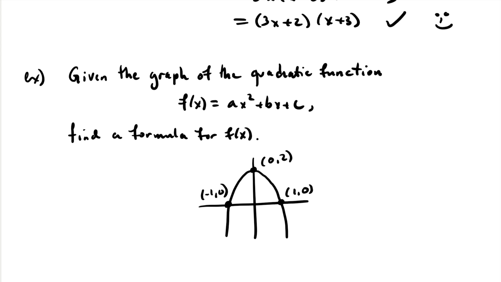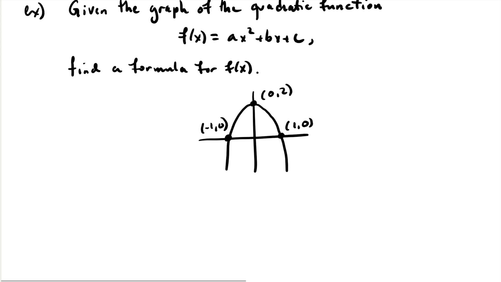Okay, looking at its graph, first of all, the important things to look at are the x-intercepts. The x-coordinates of those x-intercepts will give us the zeros of the function, and therefore factors of the function. So if we look at it, minus 1, 0 and 1, 0, those are associated to factors. This one is associated to a factor of x minus 1, and this one to a factor of x minus (minus 1), in other words, x plus 1.